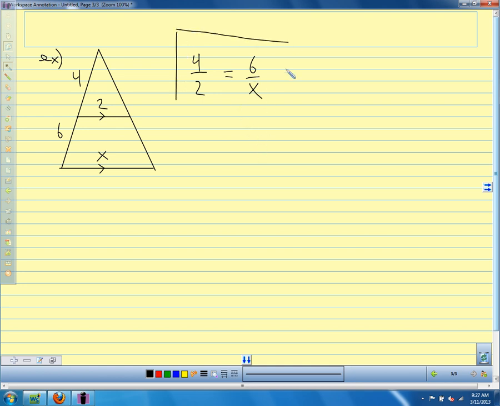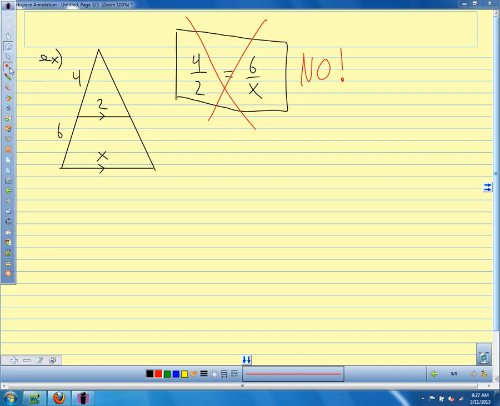And I'm going to say this doesn't work. Because what we're doing here is if we do 4 divided by 2, let me draw in with highlighter. When we do 4 divided by 2, we're comparing the sides of these two triangles. When we do 6 divided by x, we're comparing the sides of this trapezoid.